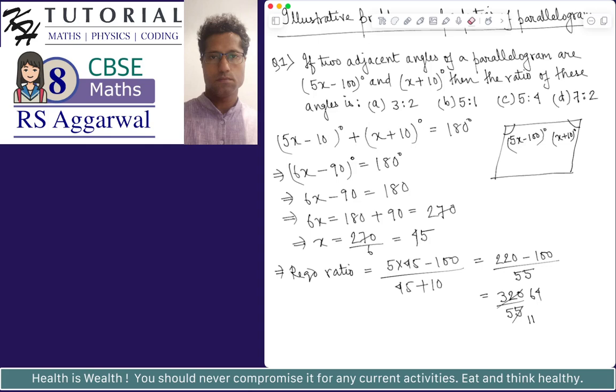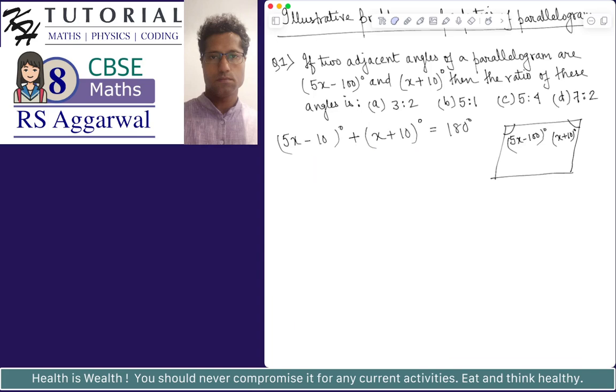Okay. So we have this. If we ignore the degrees from both sides, we have 5x minus 10 plus x plus 10 is equal to 180.